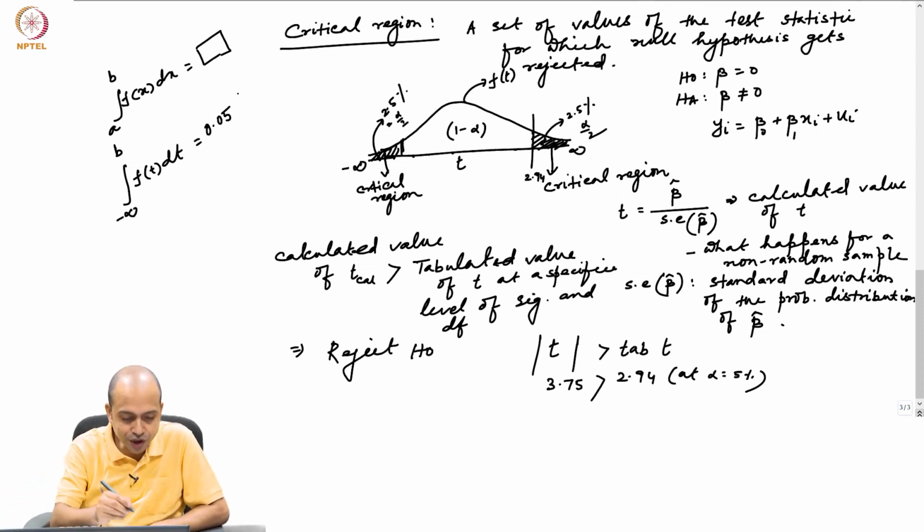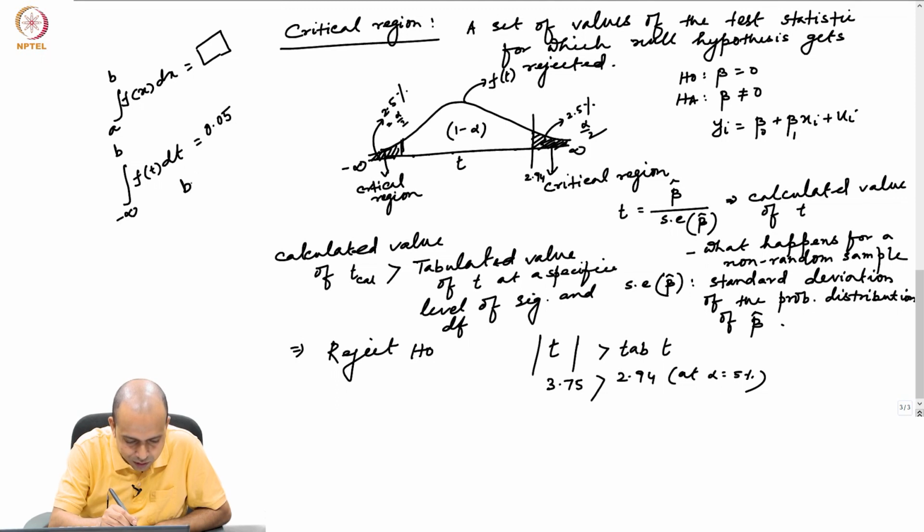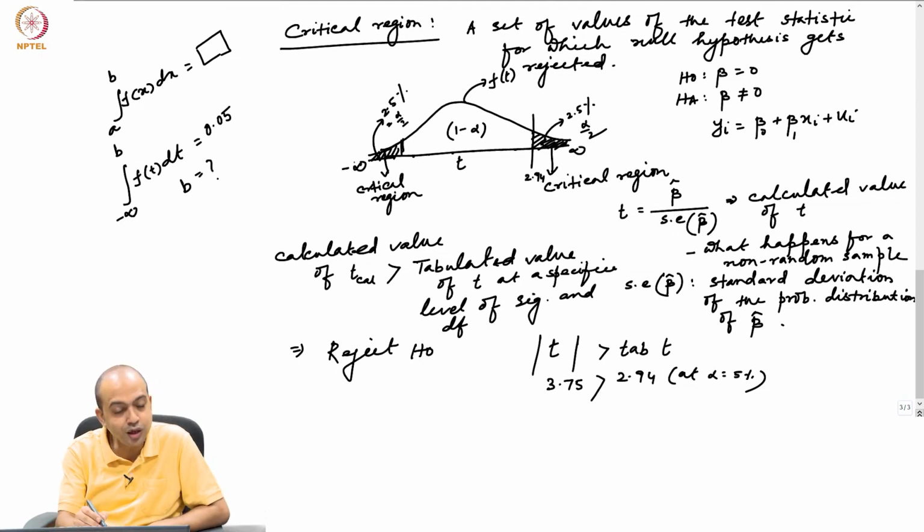So what I have to determine here is b. You know the lower limit of the integral, and the upper limit b you need to decide so that this area becomes 5% or 0.05.